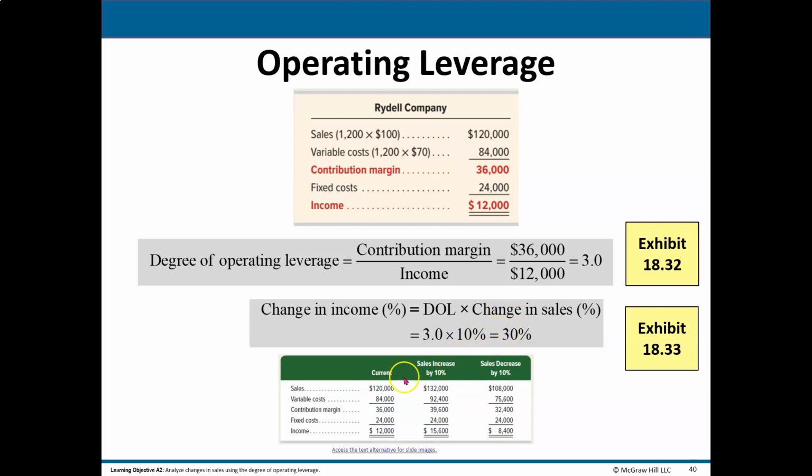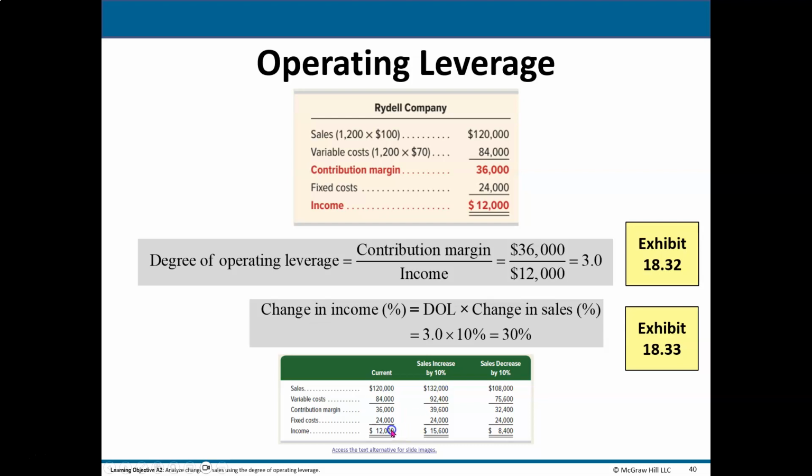So let's take a look at this now. And let's take a look here at the bottom, our current sales. If sales increase by 10%, then my change in income is going to be what? An increase of 30%. Based on this activity right here, my income will increase if my sales increase by 10%. 120,000 times 1.10 will give me $132,000.